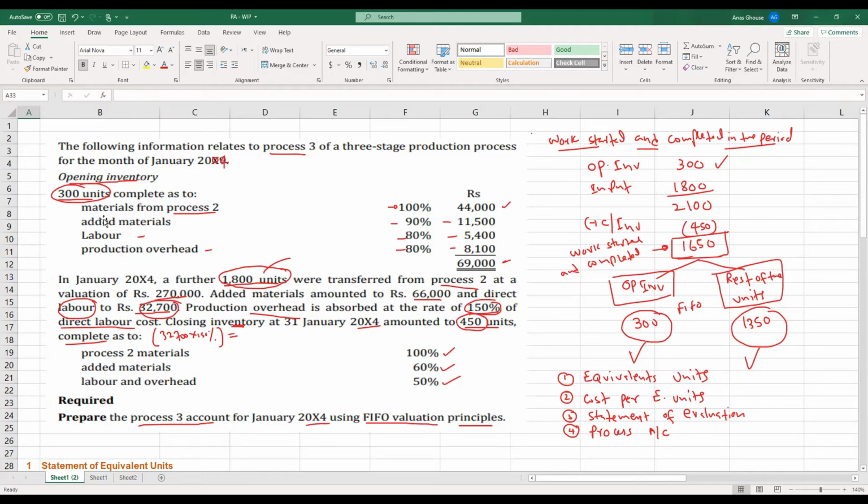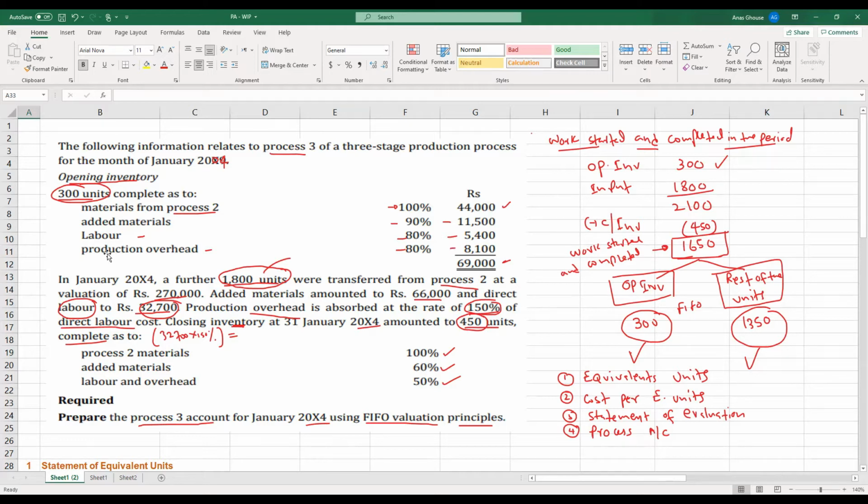As far as material from process 2 is concerned, there is nothing to be completed in process 3. Added material, out of 90% completion, 10% to be completed in process 3. Labor, 80% already completed, so 20% to be completed.